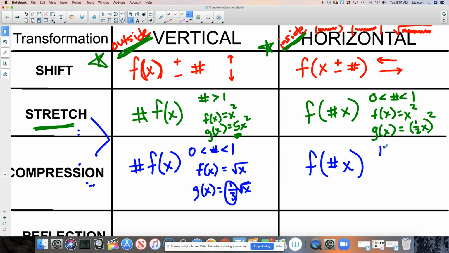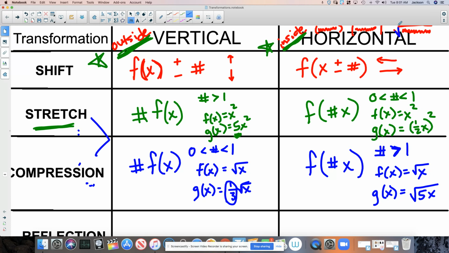And that's where our horizontal compression comes in, because our horizontal compressions are the opposite of what we would assume. So take this same example and say, if f of x is equal to the square root of x, and here comes this other function that we call g. If we have a function that looks like this, where we're taking a big number, relatively speaking, 5, and multiplying it inside the radical.